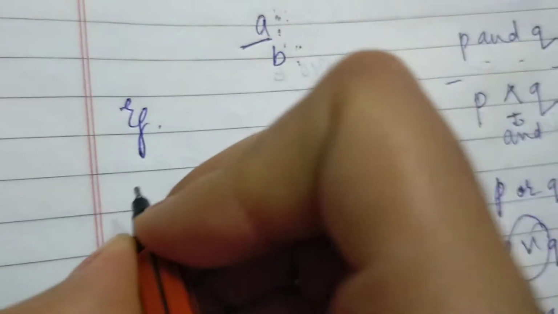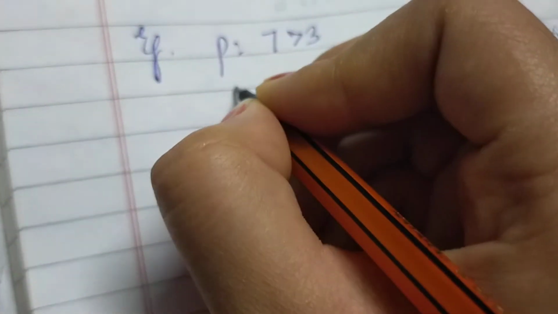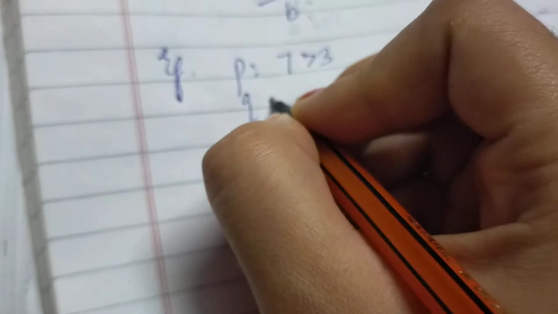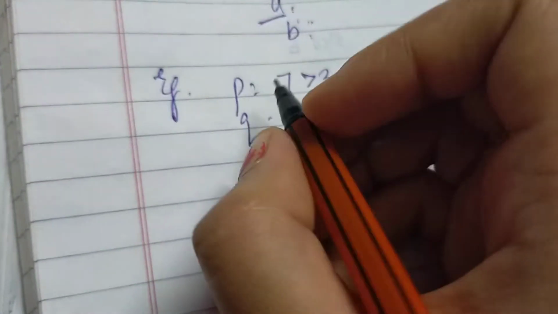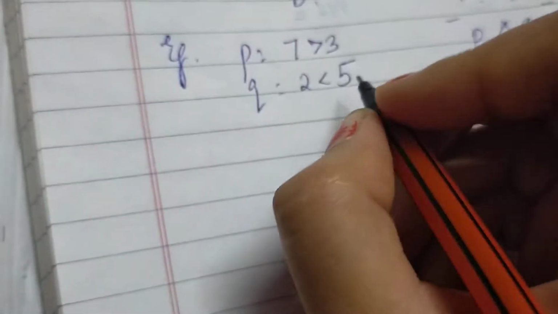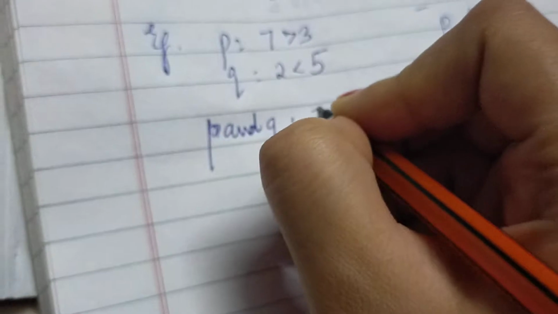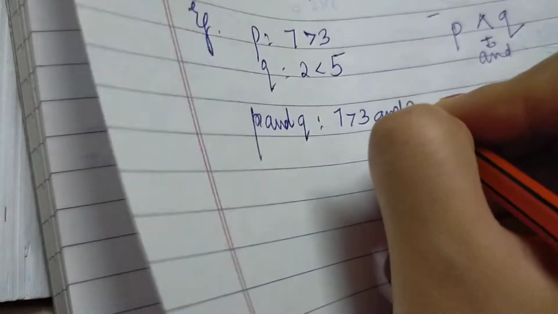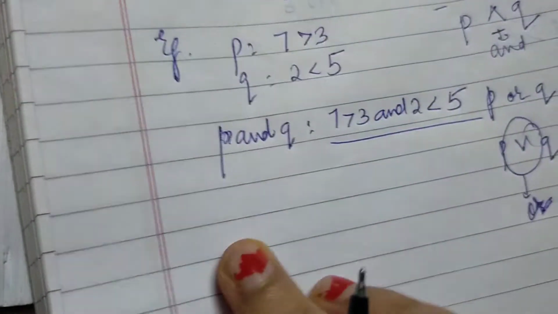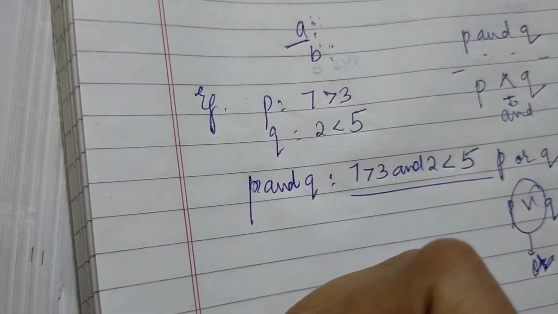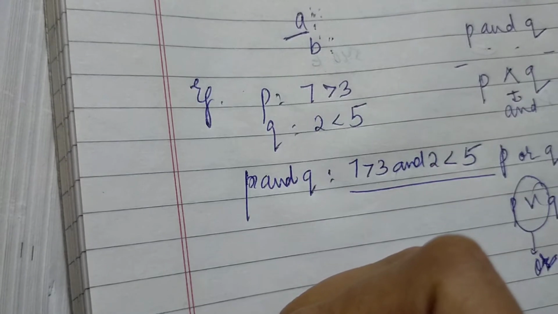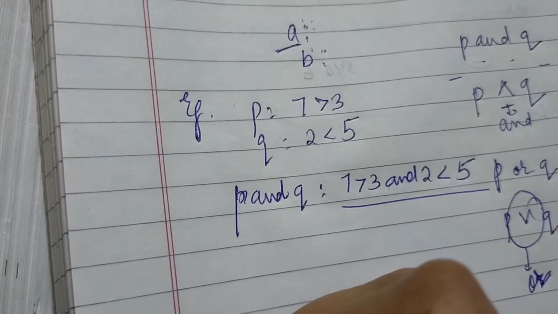If I take an example, like p: 7 is greater than 3, q: 2 is greater than 5. We have the naming convention for these statements. When we join them with and, it means both statements have to be taken together. Now we'll be learning about the truth table for the conjunction.